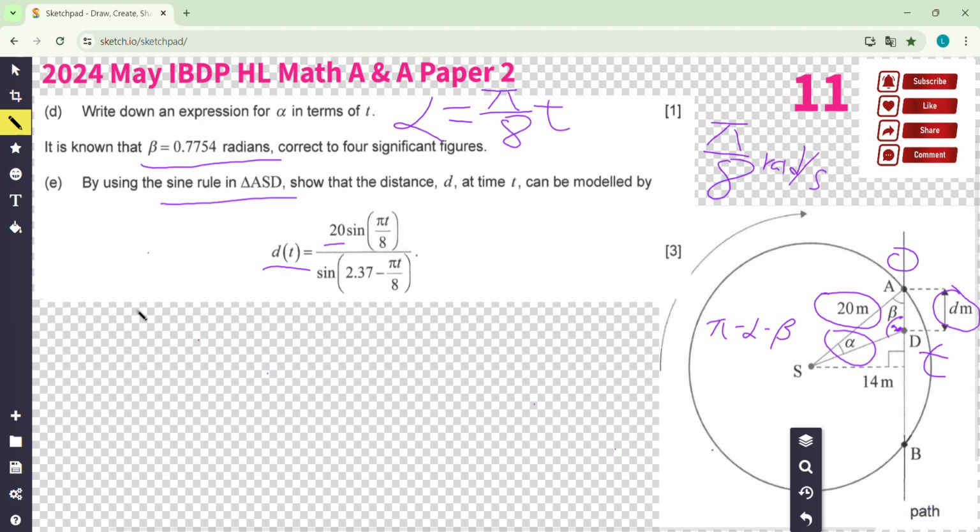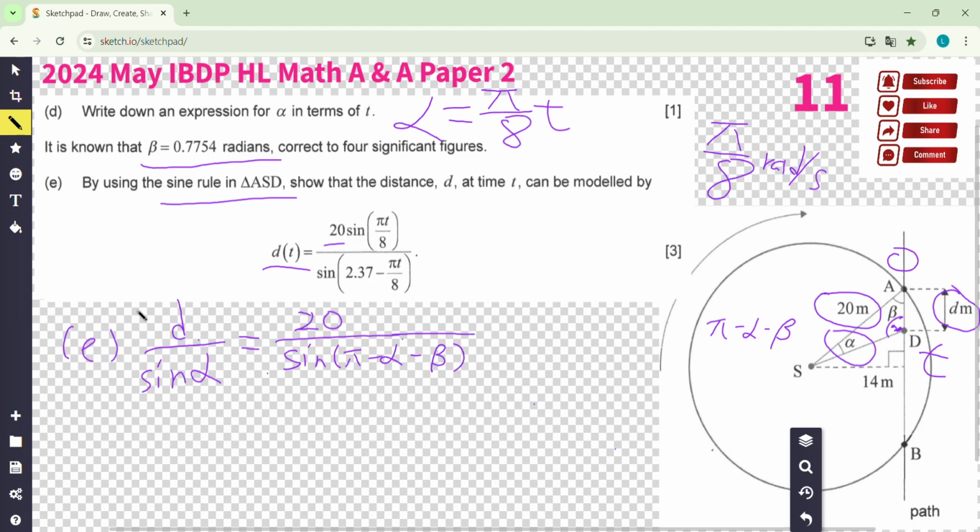So we have the sine rule. Because it's a show question, you need to write it clearly. d over sine alpha equals 20 over sine of pi minus alpha minus beta. First step, 1 mark.